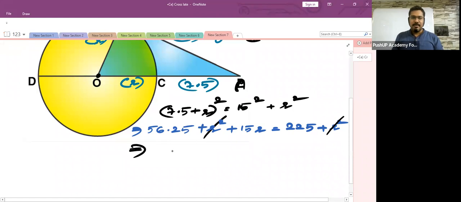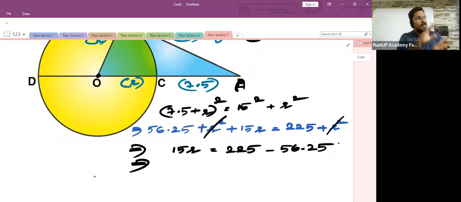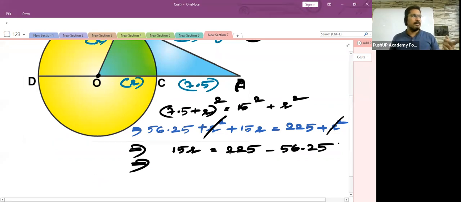Now, children, 15R is equal to 225 minus 56.25, because I just brought that 56.25 to the right hand side. Sandra, clear? Sia?